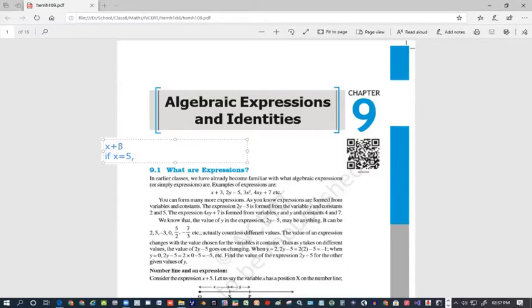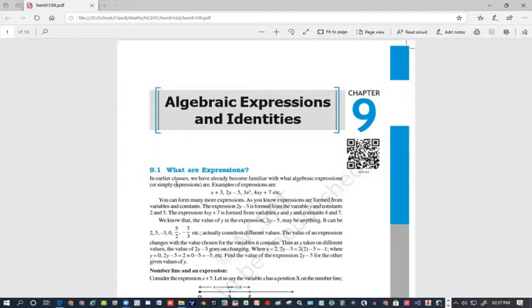The value of this expression is 5 plus 3, which is 8. If x is 7, what is the value of this expression? It is 7 plus 3, which will be 10. Okay, so this is what it means.